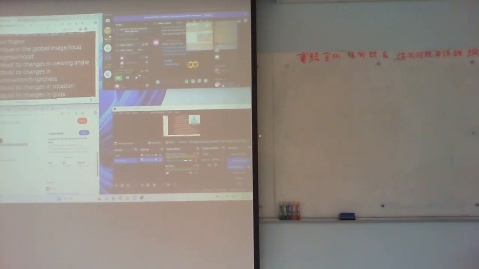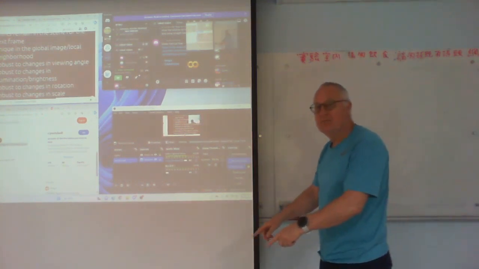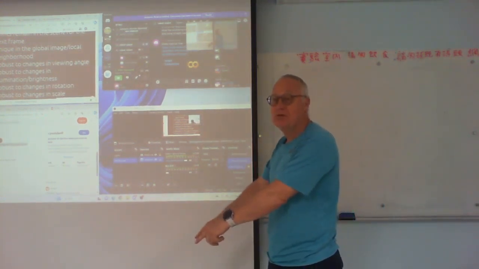They need to be unique in the global image. That will be the perfect case. If we cannot get points that are unique in the global image, then at least unique within their local neighborhood. Like here, the corner points of the tiles are very nice feature points to track.